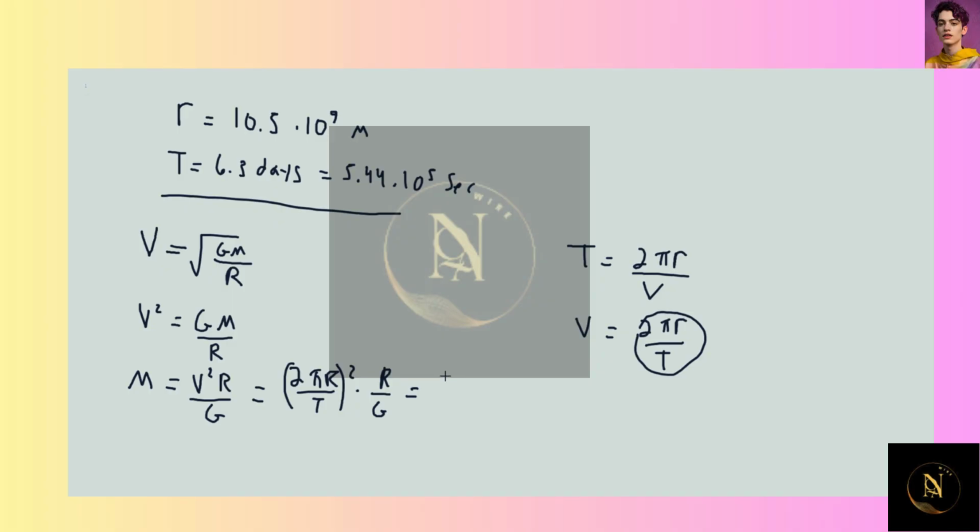So simplifying that, we should get 4 pi squared times r cubed, divided by T G. So r we have up here, remember we're using these that we've converted to meters and then converted the period to seconds. And so when we evaluate that, we should get a mass of 2.30 times 10 to the 30th kilograms.